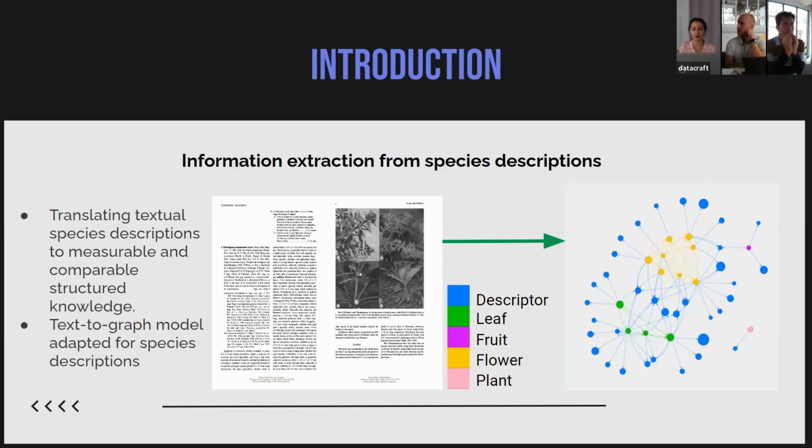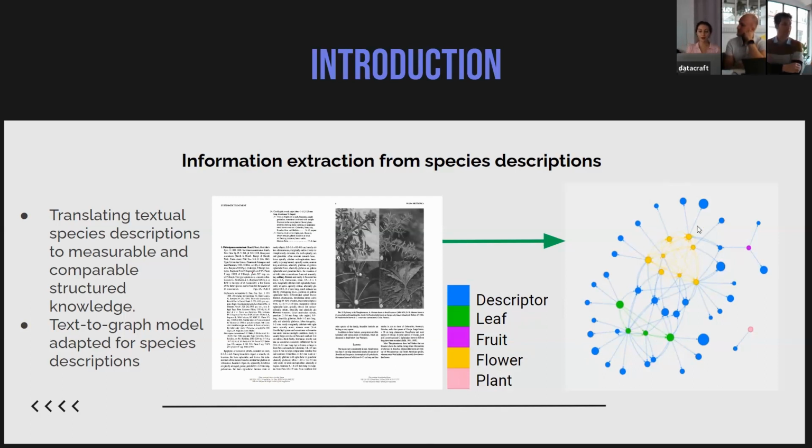can see here. For example, in this graph here, the blue nodes contain descriptors, and the other colored nodes in the graph, as you can see in the key here, contain names of the organs. For example, all the yellow nodes contain names of organs that are related to the flower, and then you will be having the descriptor associated to a specific sub-organ here.